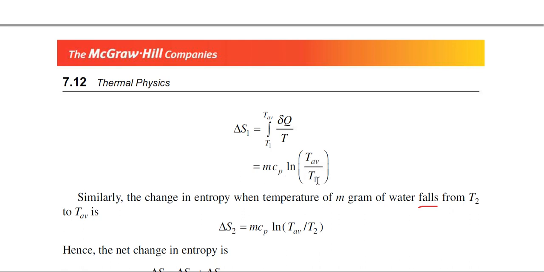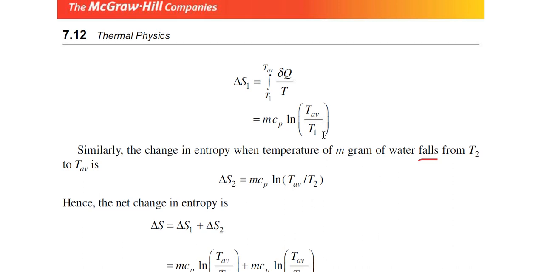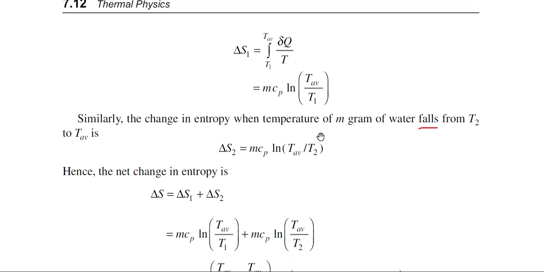T1 is the initial temperature, T average is the final temperature. Similarly for the other system also, delta S2 will be the same thing, mCp ln T average by T2, because the initial temperature was T2 for that system. So ultimately the total change of entropy will be the sum of delta S1 and delta S2.